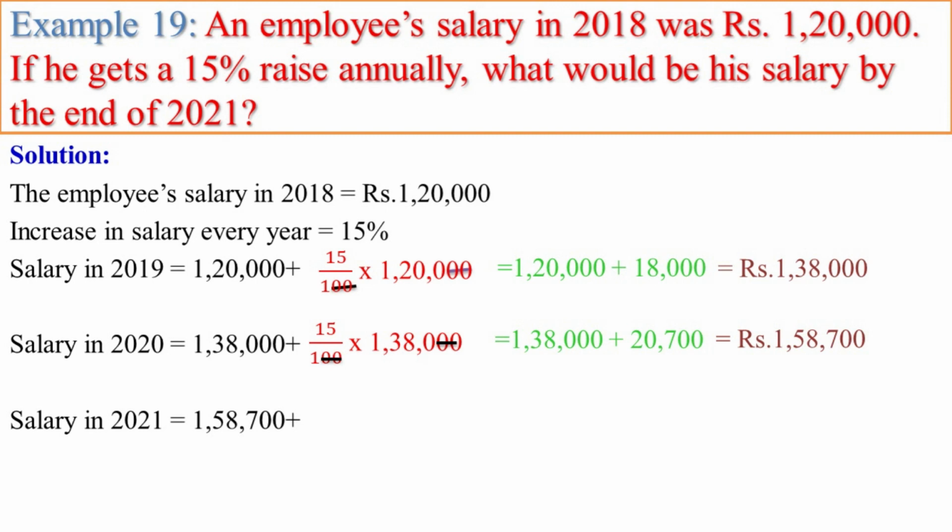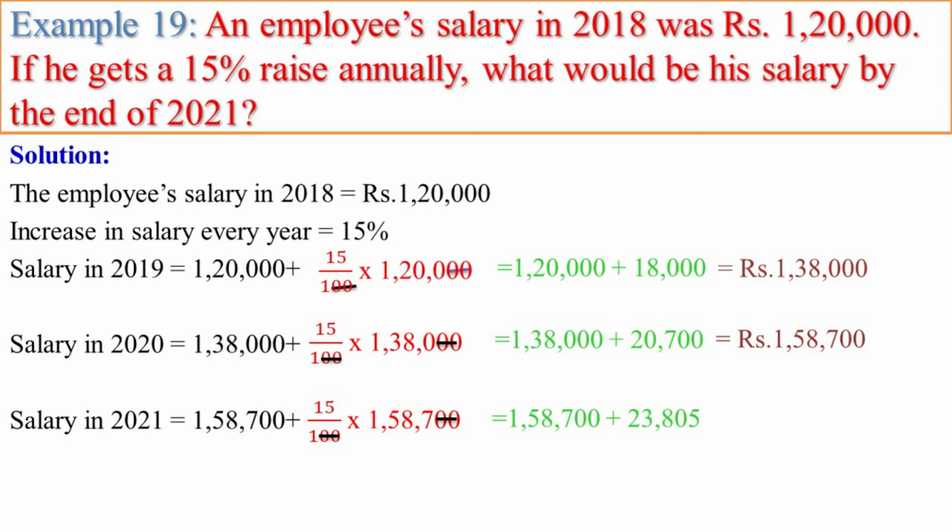So, the previous year's salary amount is 1,58,700 and we have to find 15% of that amount. 15 by 100 into 1,58,700. 2 zeros get cancelled. 15 into 1,587 is 23,805.